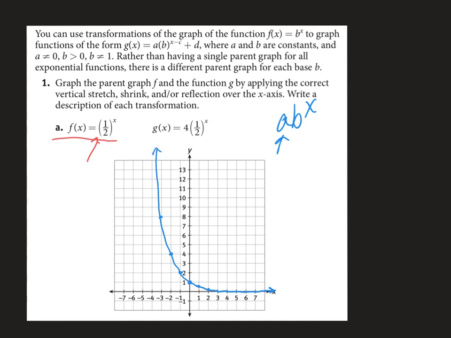So we've already constructed these on Friday. So now we're going to have a transformation. Now, this transformation is outside of the parentheses, which makes it vertical. And it is multiplication, which makes it a stretch.